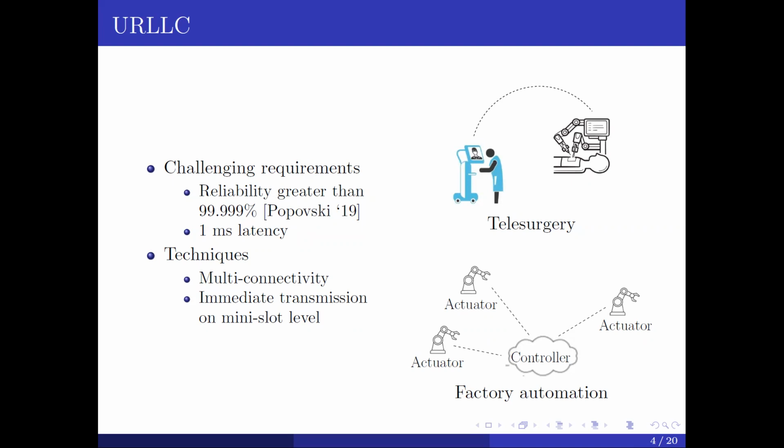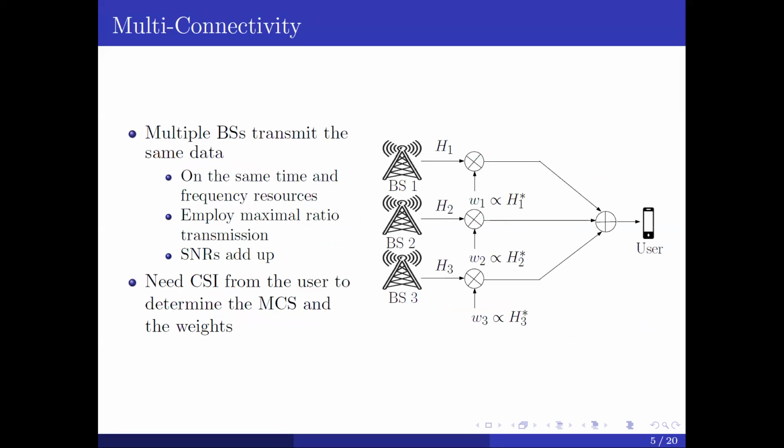Now we'll see about multi-connectivity. In multi-connectivity, multiple base stations transmit the same data. They transmit on the same time and frequency resources, and they employ maximal ratio transmission. In maximal ratio transmission, the signal from a base station is multiplied by a weight which is proportional to the wireless channel gain.